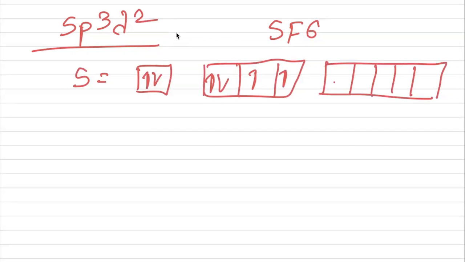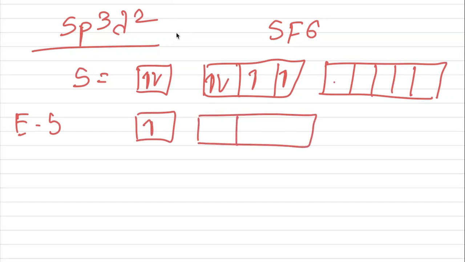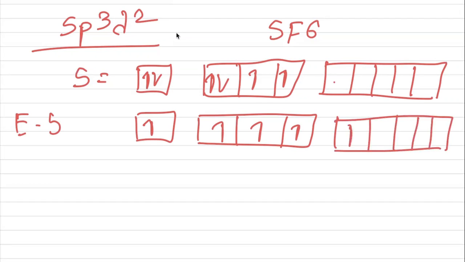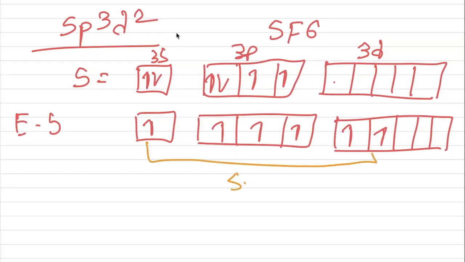So in the excited state, one electron from p and one electron from s will move to the d orbital. This is 3s, 3p, 3d. So this will form sp3d2 hybridization. Understood?